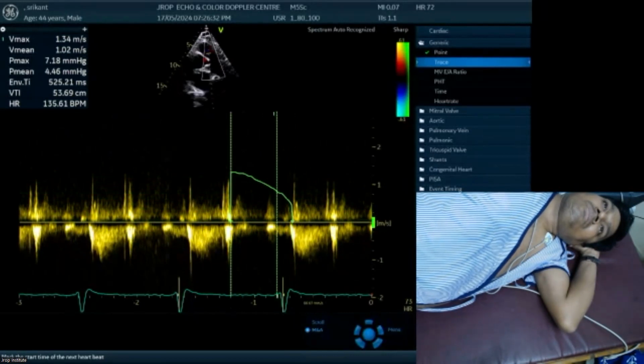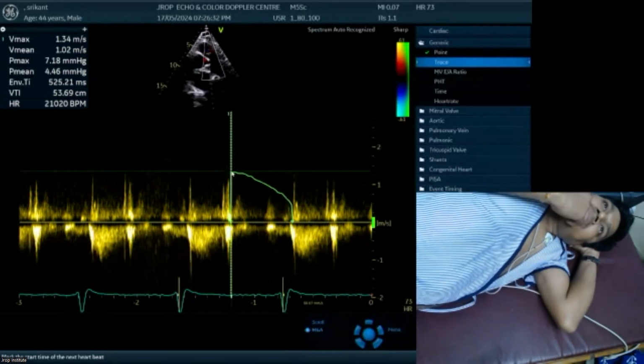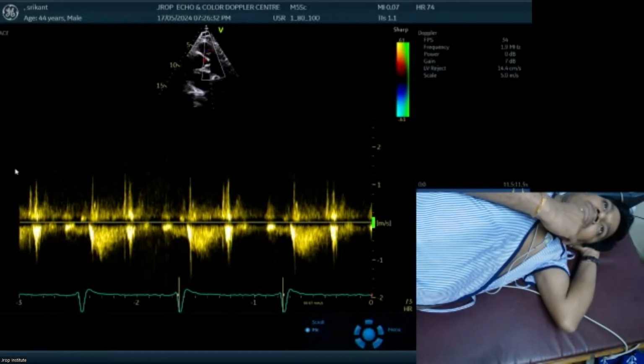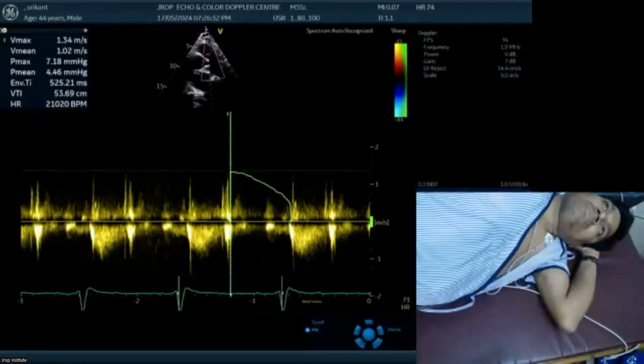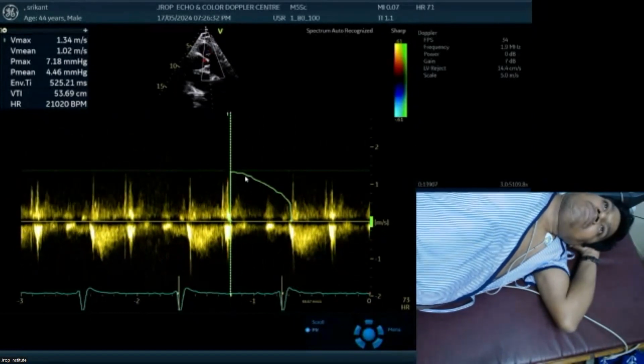Correct? So this is the peak of the PR jet. Let me save this image and then I'll bring it back. So this is a supposed PR jet Doppler spectrum pattern.